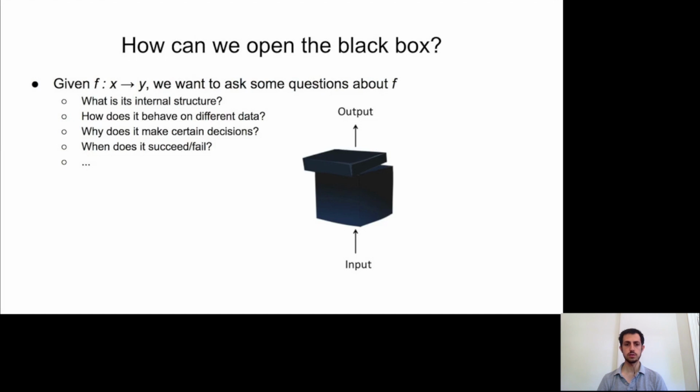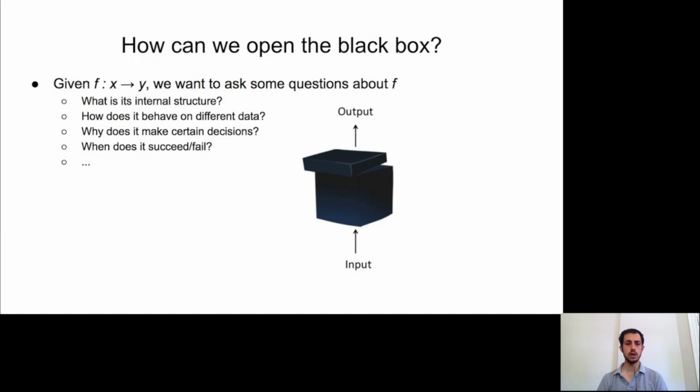How does the neural network behave on different examples? Here we are concerned with the predictions of this box and not necessarily with the internal structure. And we may ask why it makes certain decisions. So if, given an input, we have a certain output, can we explain why the model predicted this output?